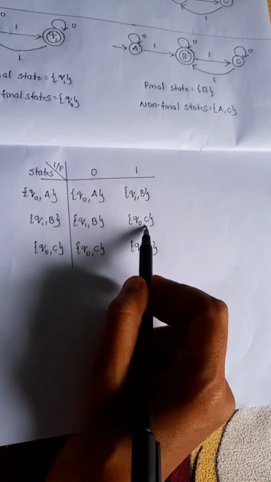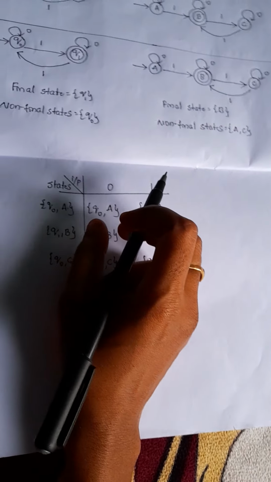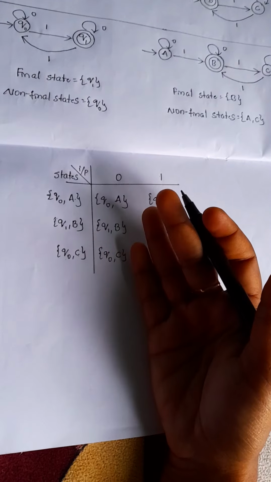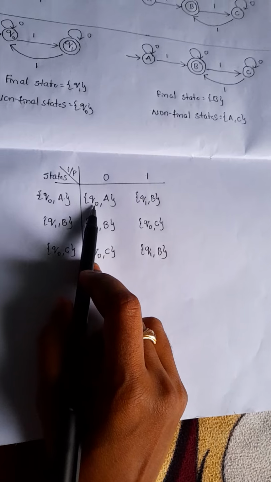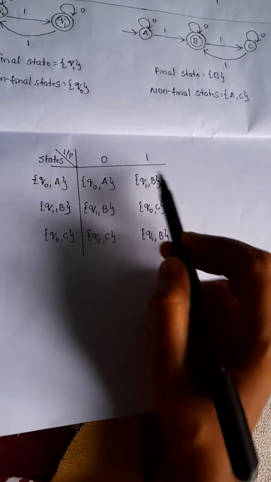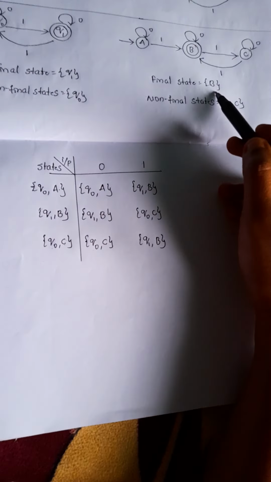Here we have 6 different pairs. Each pair should be a combination of only final states, or only non-final states. For example, in Q naught A, Q naught is a non-final state and A is also a non-final state. In Q1 B, Q1 is a final state and B is also a final state.